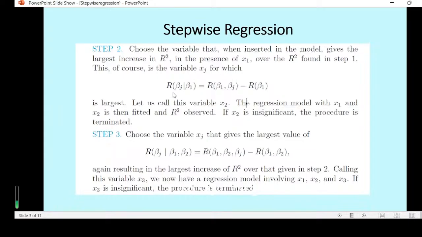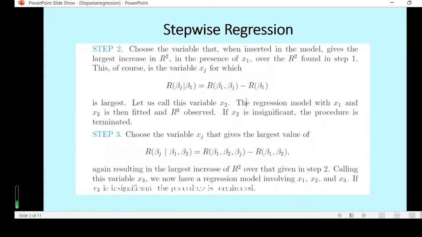So we calculate R square of xj given x1, where x1's coefficient is beta 1. We calculate the R square with both x1 and xj in the model, then subtract the R square of the model with only x1. This is the R square increment, the marginal increment in explained variation coming from variable j.